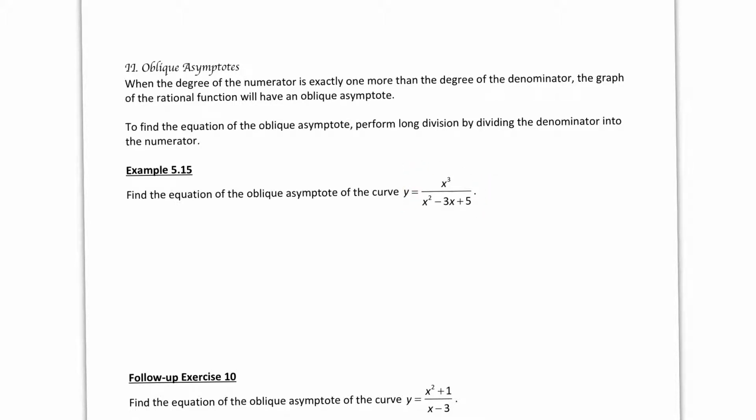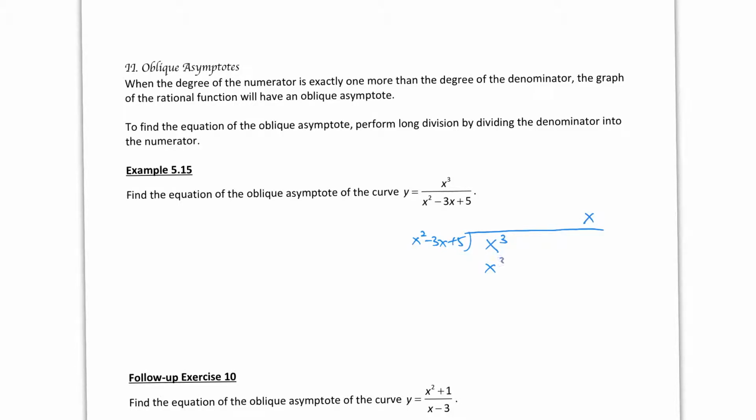So what can we do? How can we find the oblique asymptotes? Okay, we can make good use of long division. Try to divide it. The dividend is x to the power 3, and the divisor is x squared minus 3x plus 5. Then, this is x.